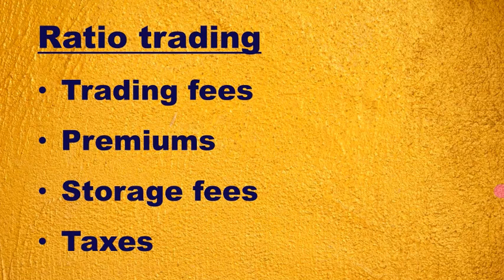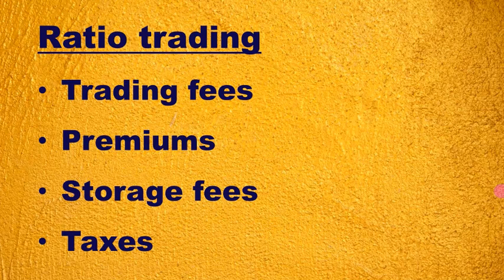In the example given, doubling of the stack wouldn't have actually occurred in reality, because it didn't account for the costs involved in the trade as well. These costs will vary depending on what assets you're including in the ratio, but examples include trading fees, premiums, storage fees, and taxes.